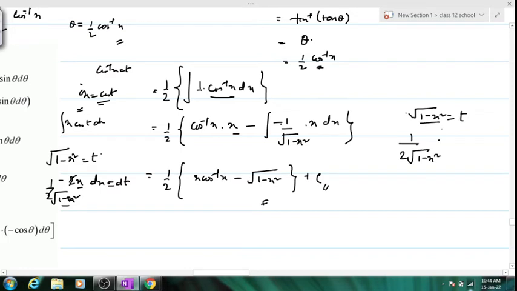And then 1 minus x square, the differentiation is minus 2x, yes or no? dx is equals to dt. Now this 2 goes off. So look very carefully. x dx divided by root over 1 minus x square can be written as dt, yes or no? Now here there is a minus out here, so we multiply minus by both the sides. So you'll have minus dt. So this entire thing is written as minus dt.